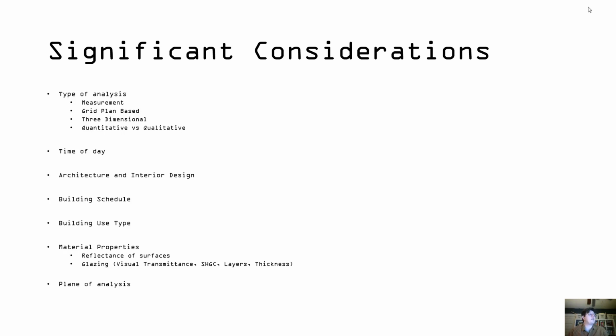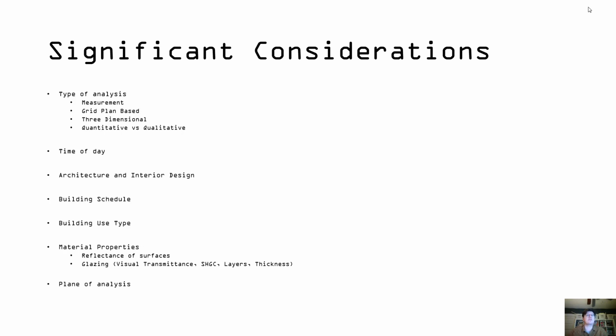And then there's also the quantitative versus qualitative aspect of not only doing a daylighting analysis, but just in general of being an architect or an engineer or a contractor or what have you.